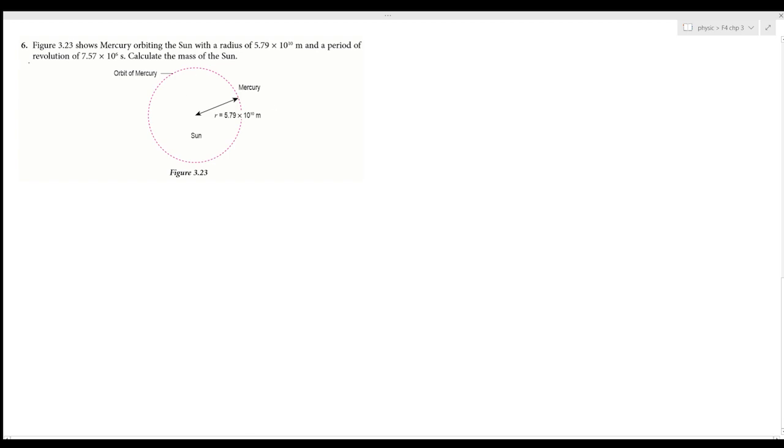Okay, another example, question number 6. Mercury is orbiting the Sun with the radius given, and the period is given also. Calculate the mass of the Sun. The gravitational force.